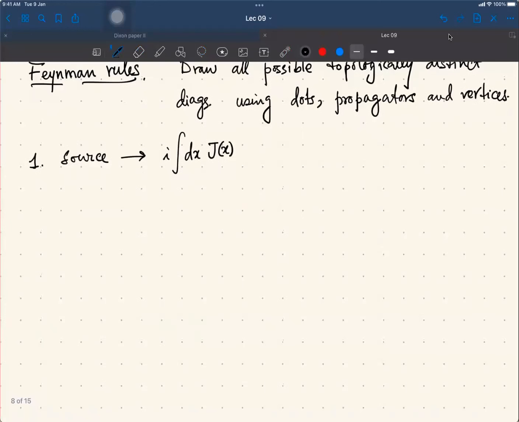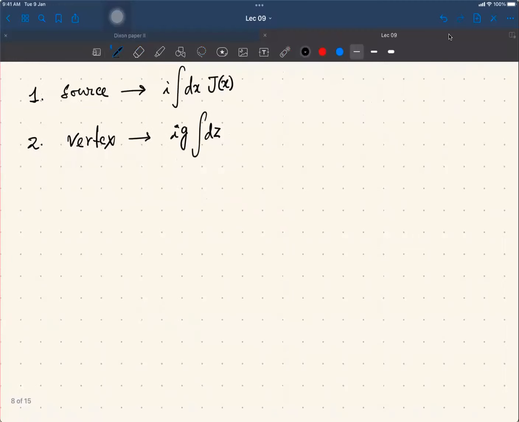For each source, you have a factor of I times j and integrate over the location of the source. Number 2, for each vertex, write Ig times integral dz. You write I times g and then integrate over the location of the vertex.